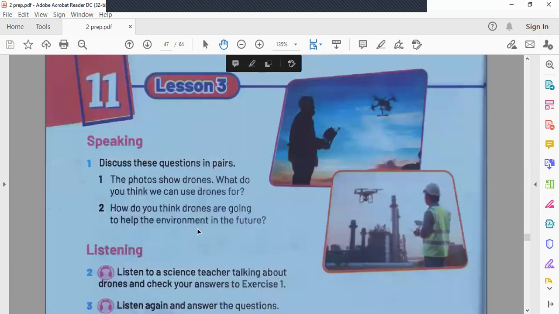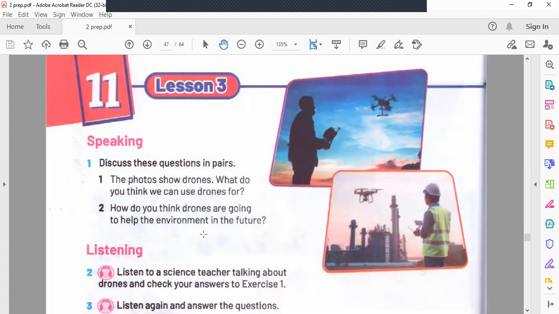How do you think drones are going to help the environment in the future? Of course, drones can help the environment by planting new plants in the places where people can't go to, and also they can help people. For example, we can help save wildlife after floods or fires and so on.